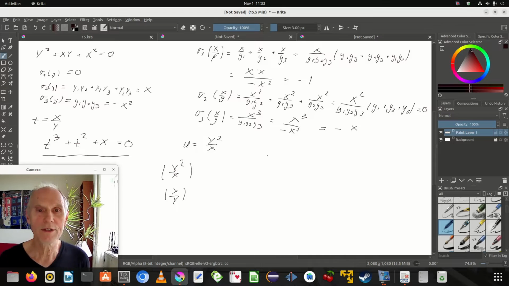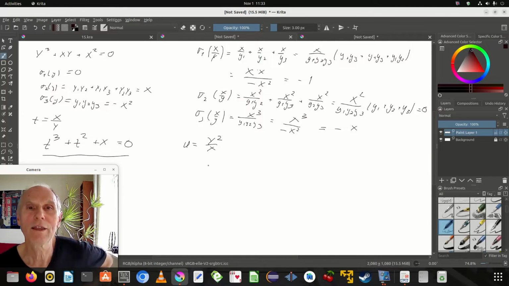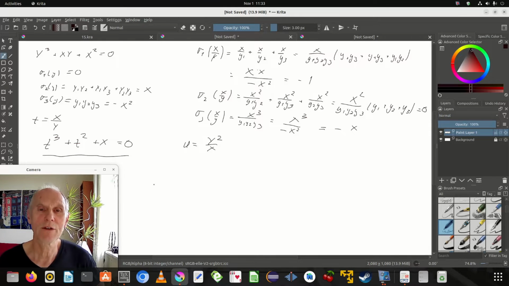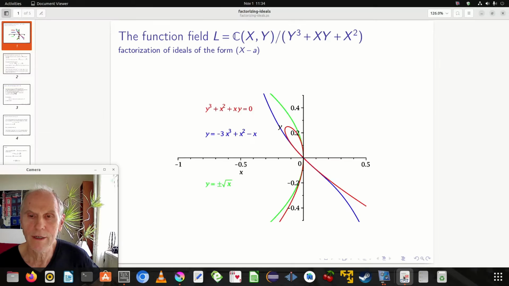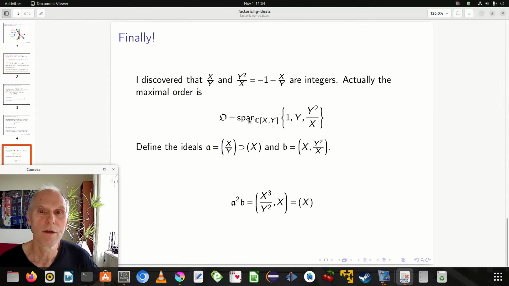Oh, before going to the ideal, we should find out what the ring of integral functions is. And I wrote that here. It turns out that this is the ring of integral functions. We should be able to see that without working on it for 14 days.